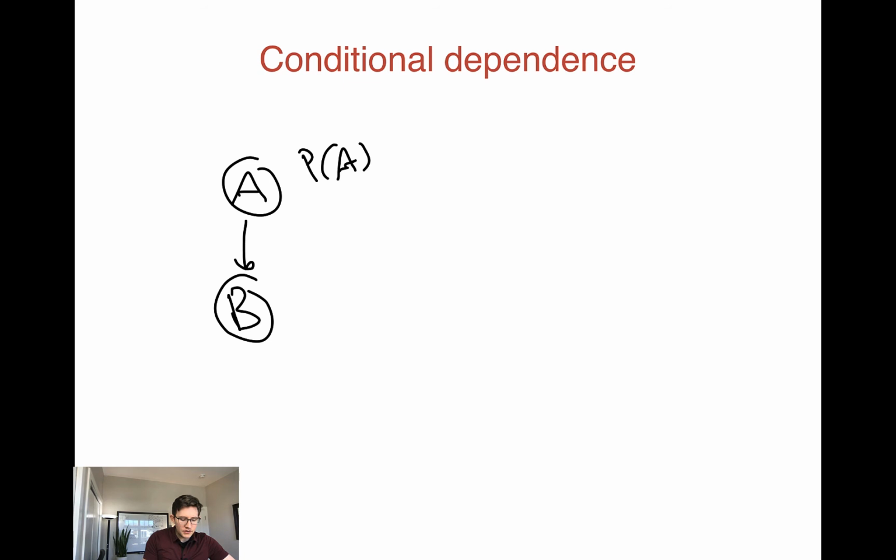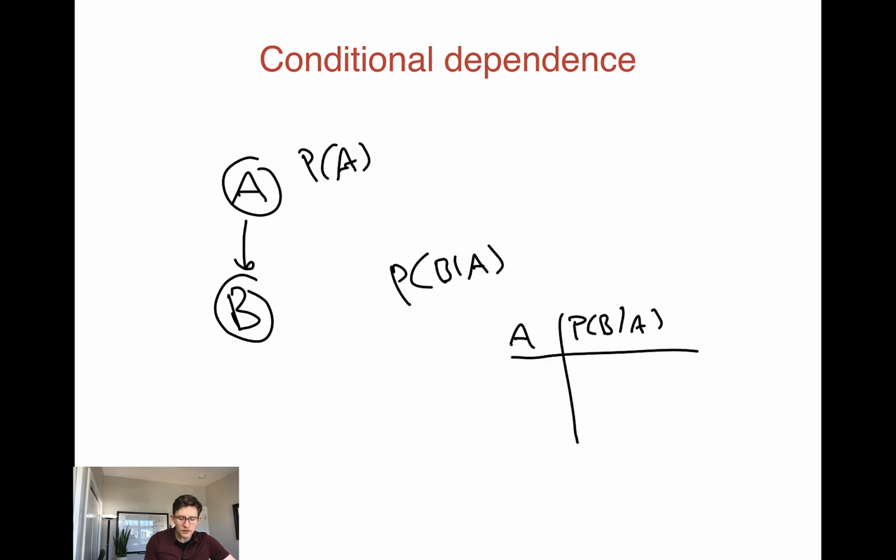And then I give you a distribution for B. We're going to write this as a table: what's the probability of B for the different values of A.